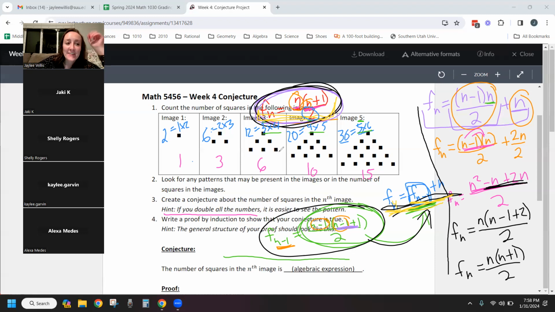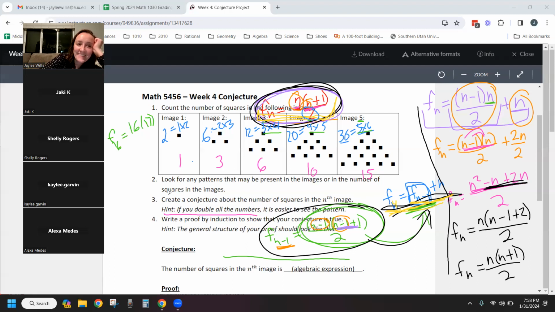Okay, what if it was the 16th term? 16 times 17. So I know it would be n times, oh, that's where the n times n plus 1 comes in.